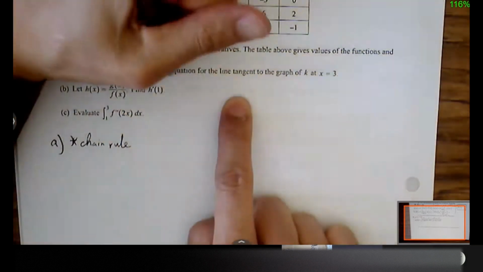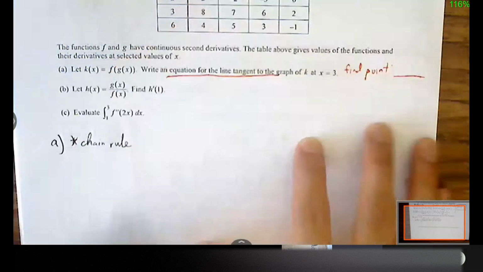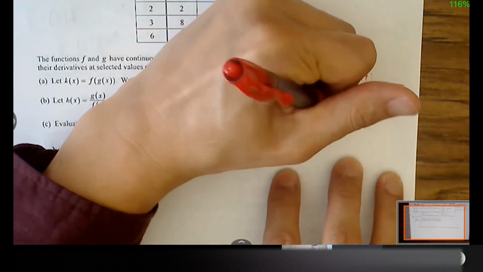All right, so tangent line equation. Ultimately, we want to find a point. We want to find slope. And then we'll dump it all into point slope form.